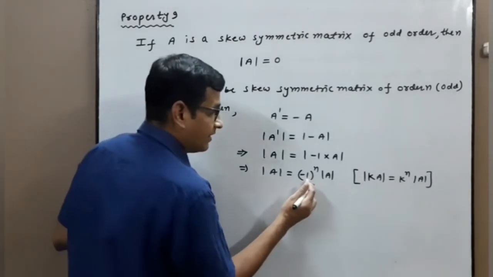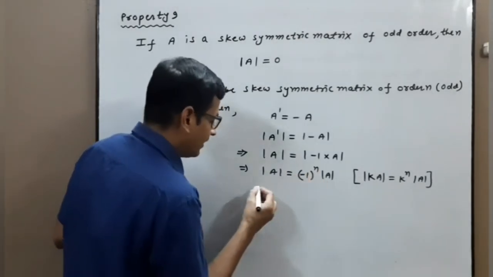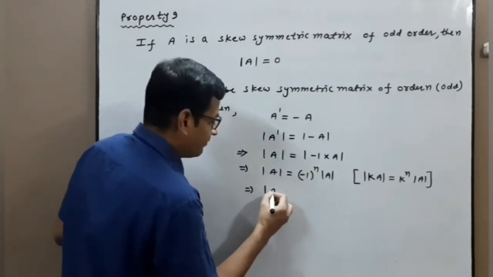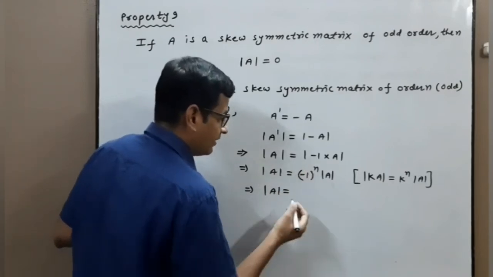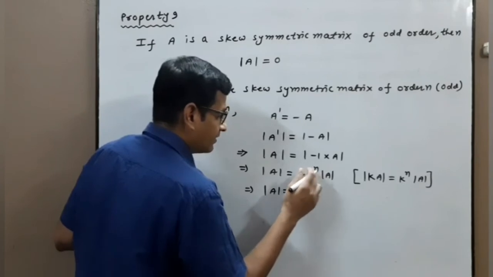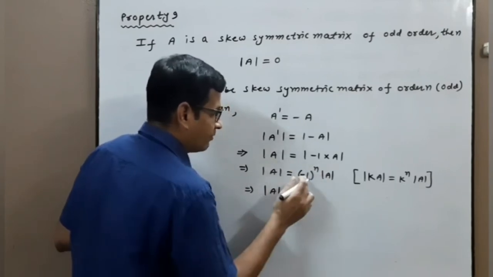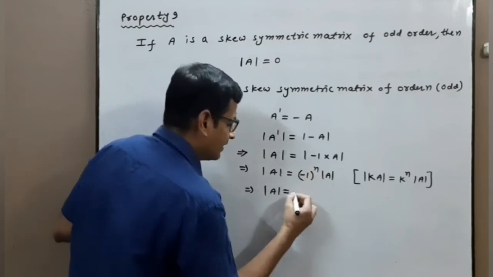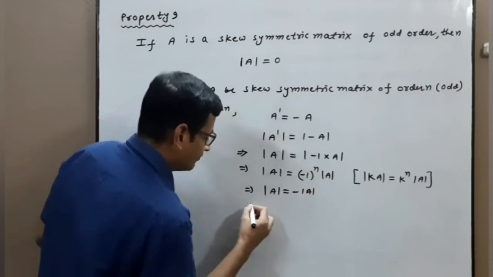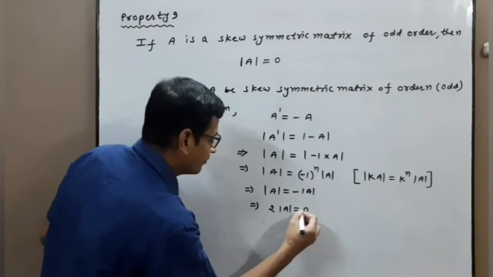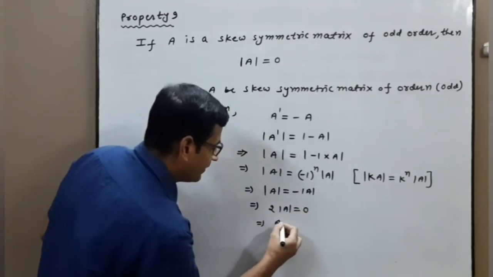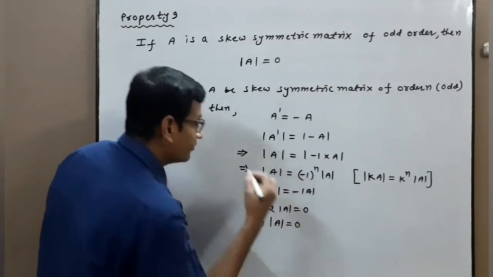So the determinant of A is equal to minus 1 raised to the power n into the determinant of A. Minus 1 raised to any odd number, like minus 1 raised to the power 3, is minus 1. Sending that to one side, 2 times the determinant of A equals 0. So the value of the determinant of A is equal to 0.